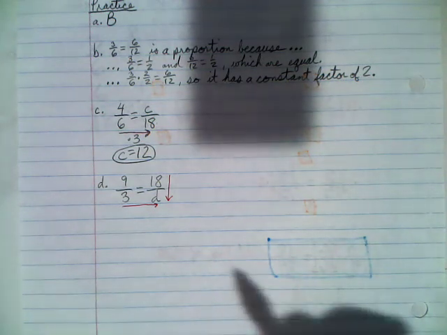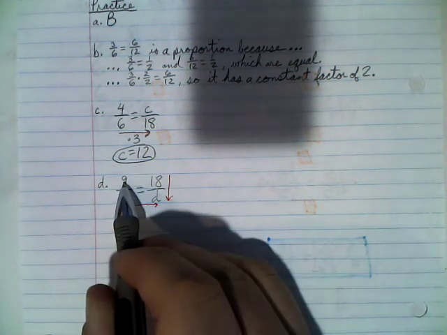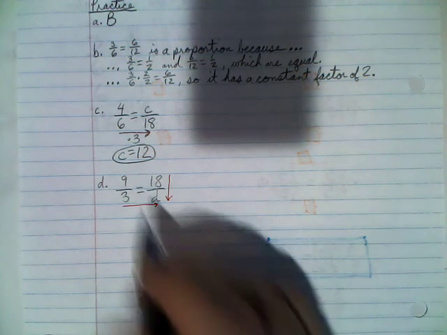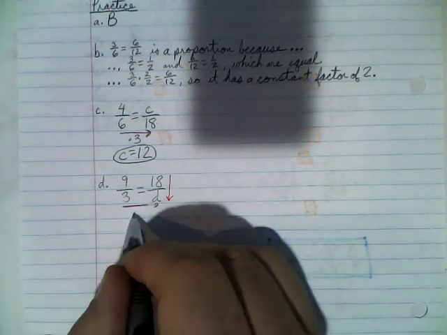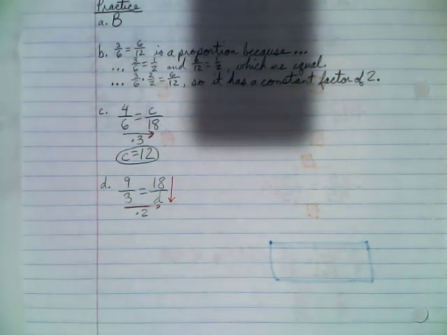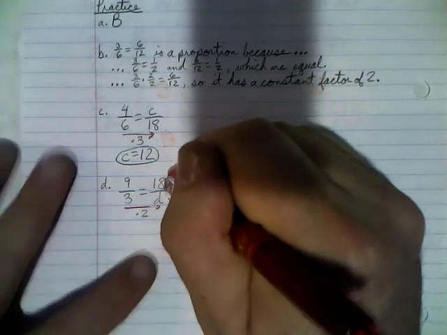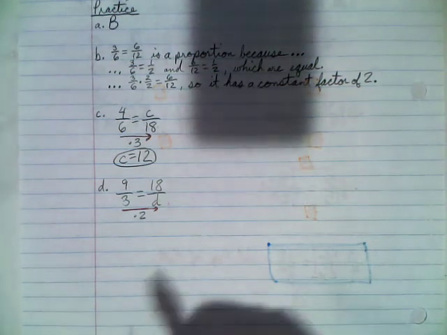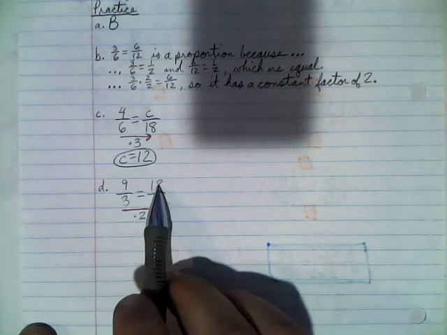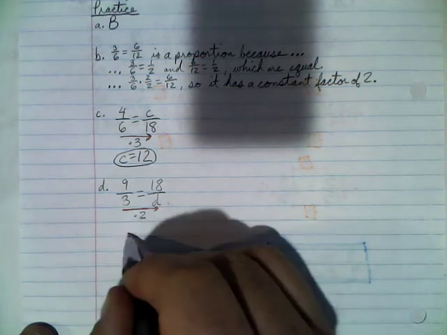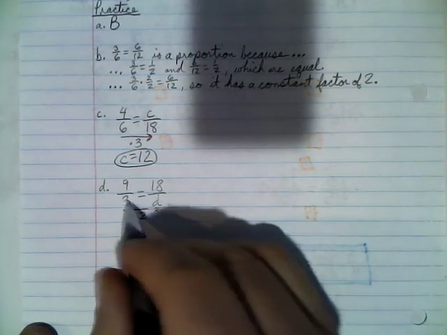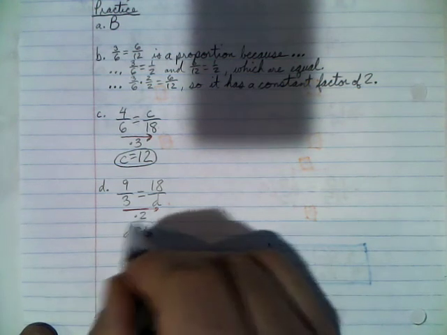Well, real quick, what catches my eye is the fact that 9 times 2 is 18. So if I move to the right here, again, I can multiply by 2. So we don't need to go down. So 9 times 2 is 18. So therefore, 3 times 2 should be D. Well, therefore, D is, well, 3 times 2 is 6.